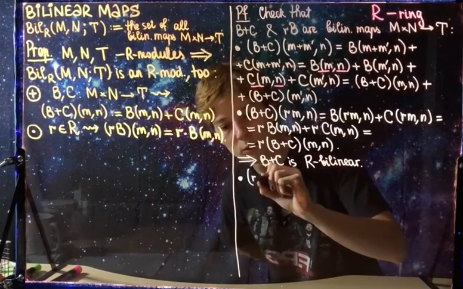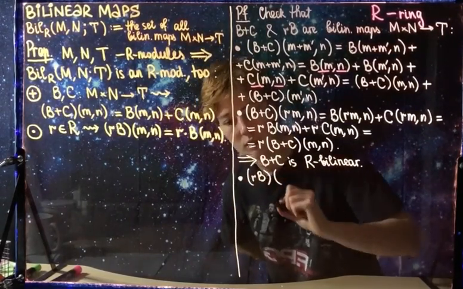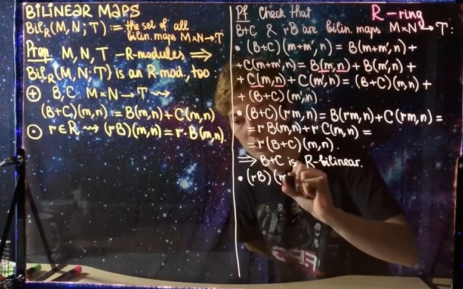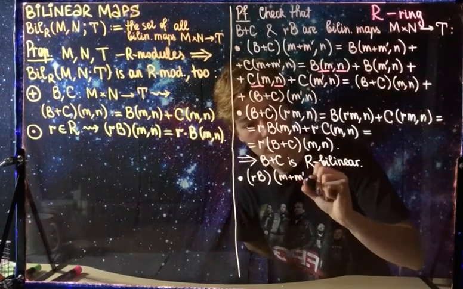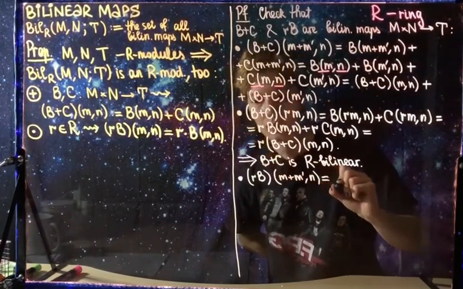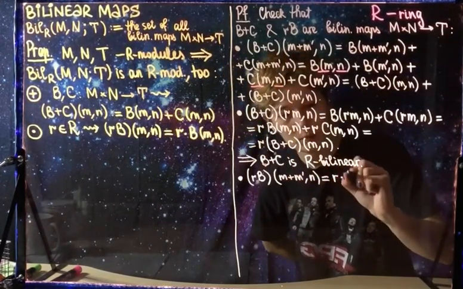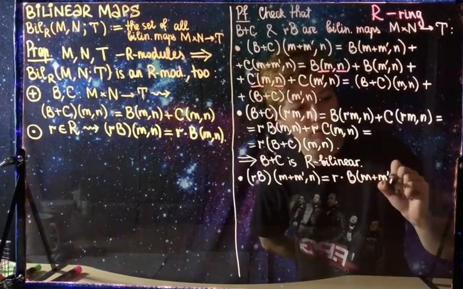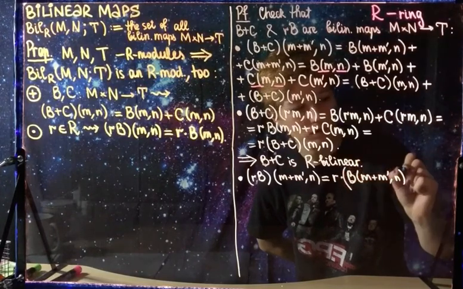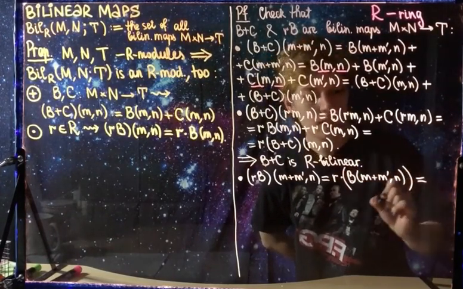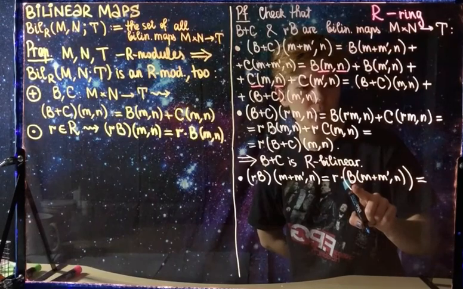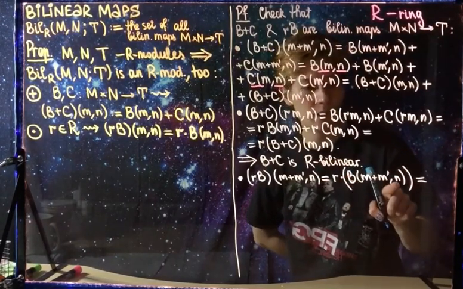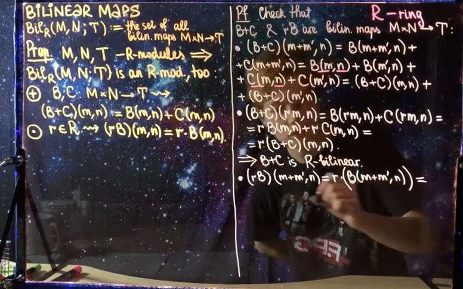And now I want to check that rB is a bilinear form. So rB applied to m plus m prime comma n is equal to r times B of m plus m prime comma n. By bilinearity of B, we get that this is equal to B of m n plus B of m prime comma n.